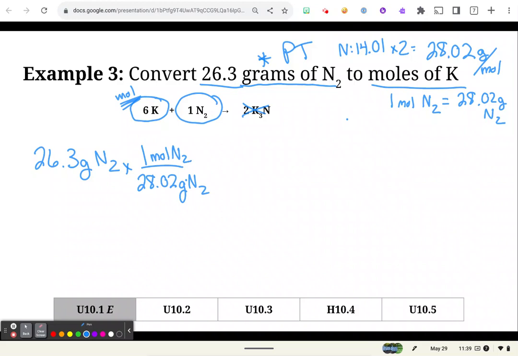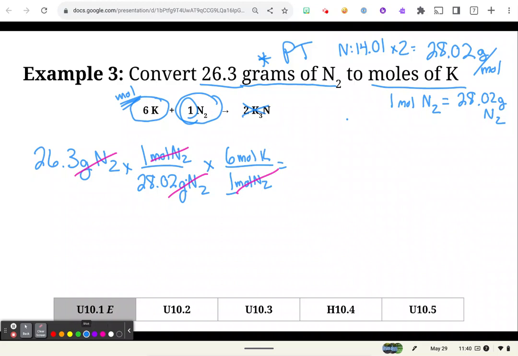All right, so that allows the grams of nitrogen to cancel out. Now I can get into moles of K, because now I know that for every 1 mole of N2, and again, where I'm getting this 1 from is coming from right there, that will react with 6 moles of K.